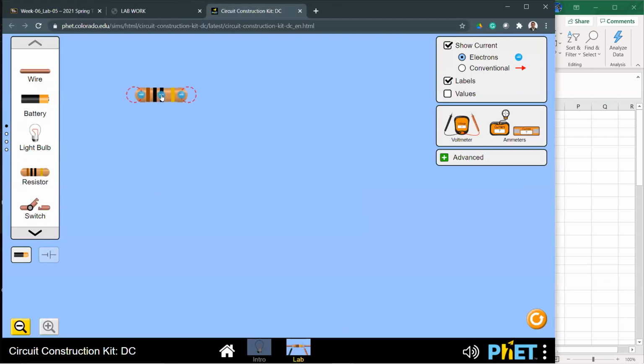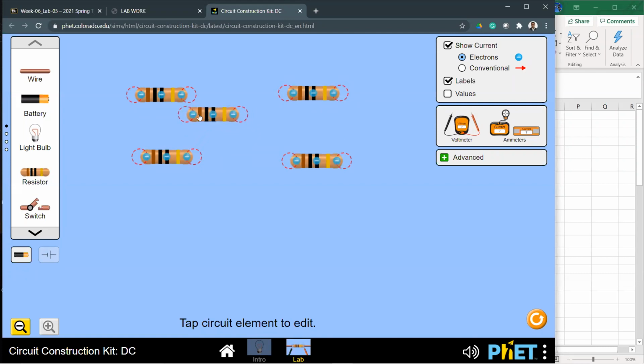I need a resistor here, and then another resistor here and here, and another resistor in the middle. Values we can edit in a bit. We'll keep a little bit of space between these.